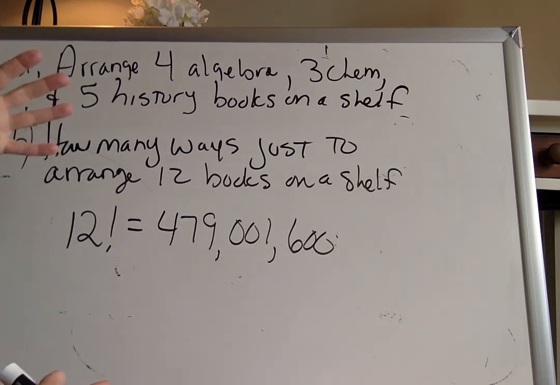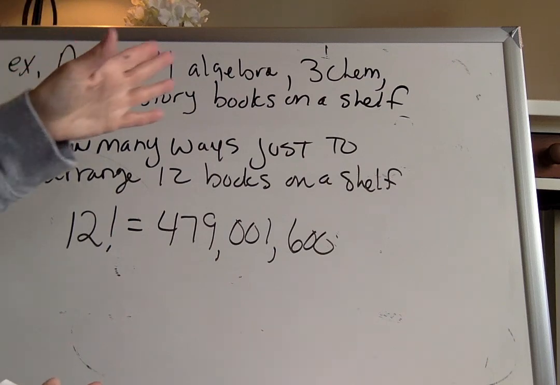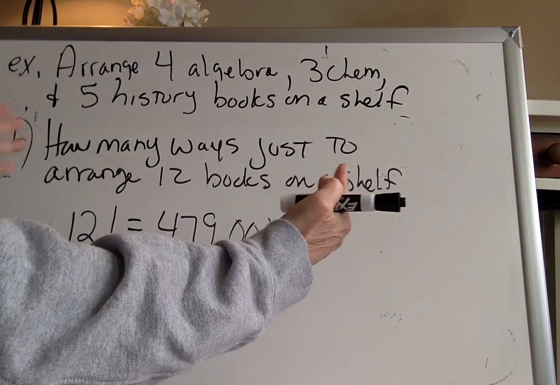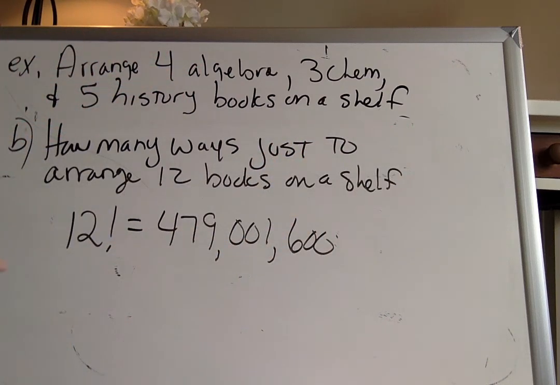I can picture 12 books. And I'm arranging them on a bookshelf, probably only 2 or 3 feet long, right? There is close to 500 million ways. I still sometimes think that is so beyond fascinating that I'm actually sitting here checking my math right now.